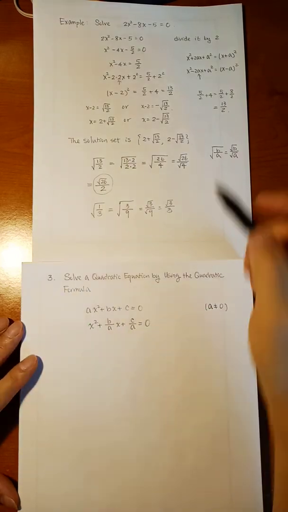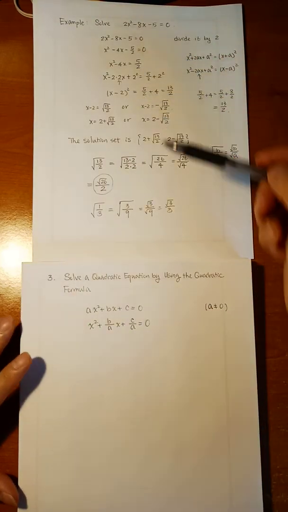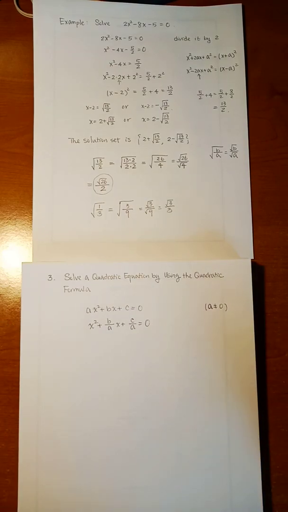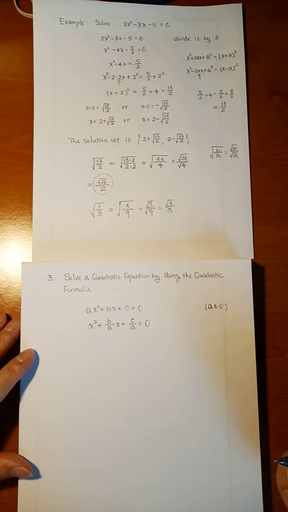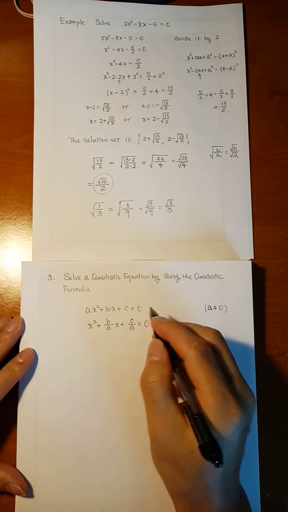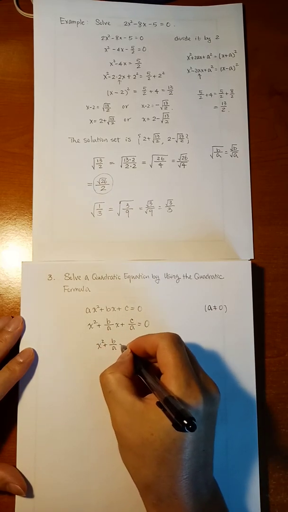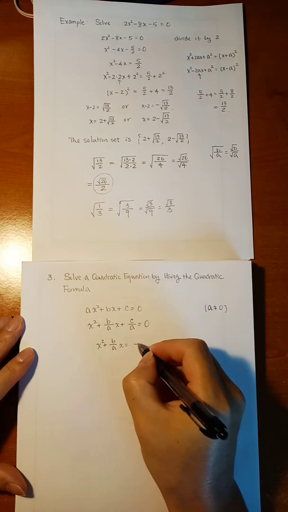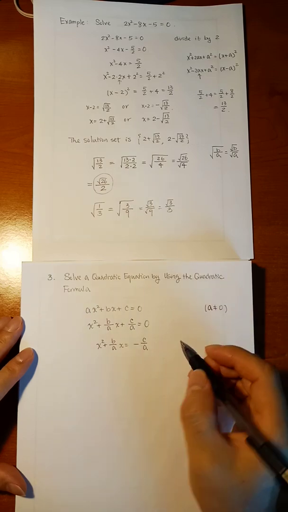We divide everything. Technically we just copy those steps, but we need letters instead of numbers. And then we move this constant term to the right side. We move it to the other side. Here it's plus, then this one becomes minus.